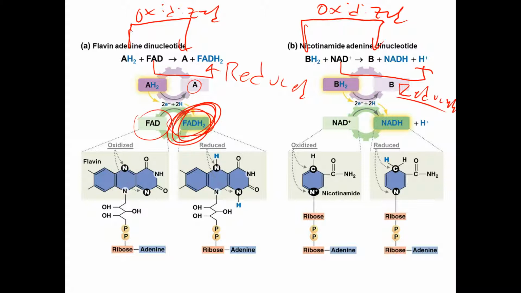Reactant B gives up its hydrogen atoms, its electrons, to NAD plus. In the process, reactant B is oxidized, and NAD plus is reduced to NADH. Now NADH can shuttle electrons to somewhere else in the cell.